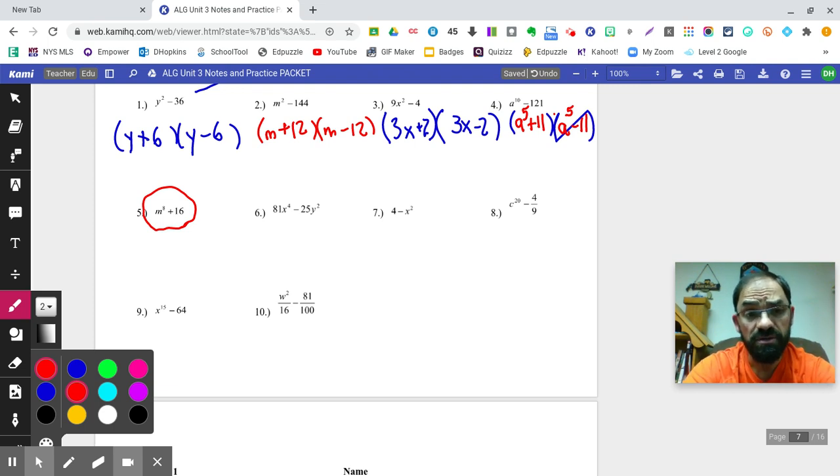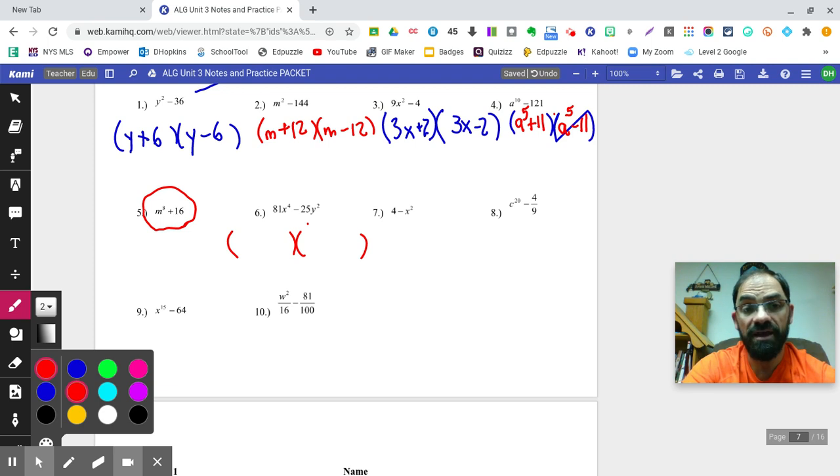Be sure, is 81x to the 4th a perfect square? The answer is yes. Is 25y squared a perfect square? Also yes. And the last thing that has to happen is it's separated by a minus sign. So if all those are true, then I can factor it. So the square root of 81 we know is 9.